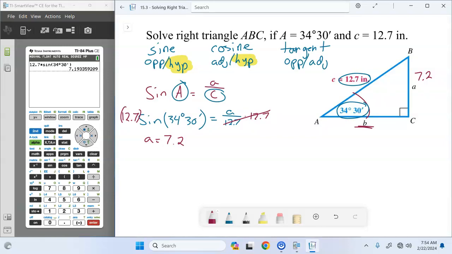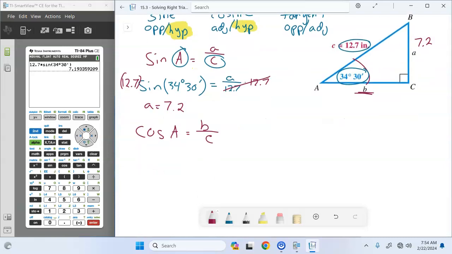B is adjacent to angle A. So cosine of A will equal B over C. And so we plug in just like we did before, which is cosine of 34 degrees, 30 minutes equals B over 12.7. Okay? And then we want to multiply both sides by 12.7.